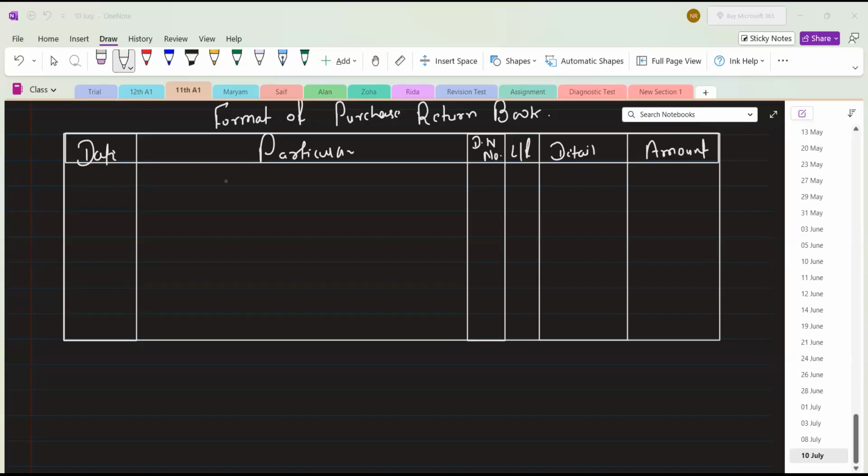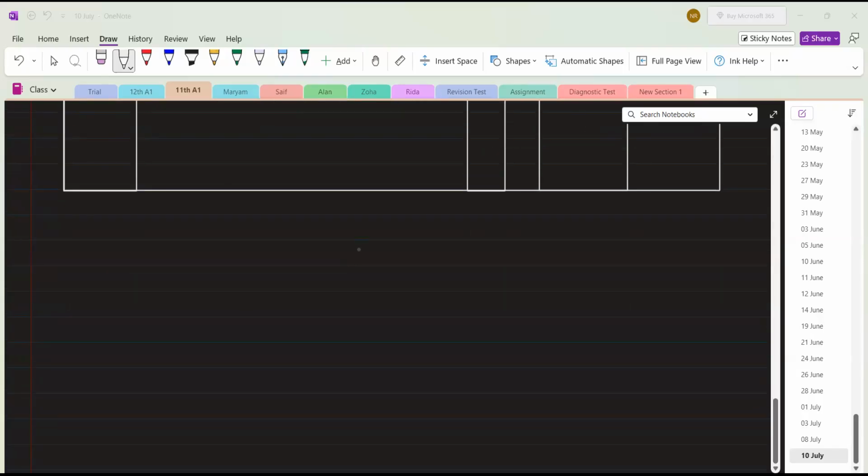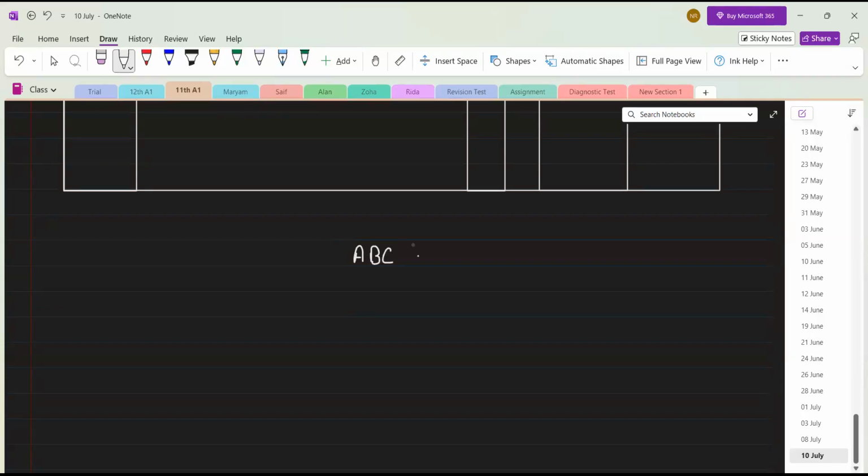Yes. So in this debit note format, the first thing given is the name of the company who is issuing this debit note. Let's say I'm taking ABC and company.